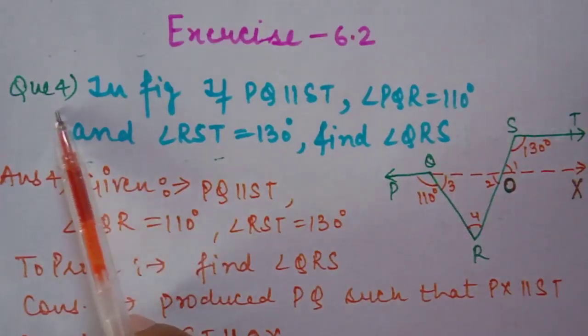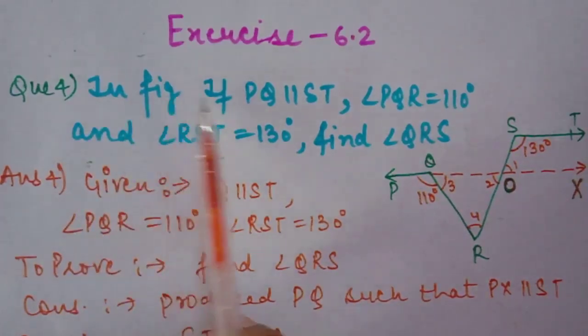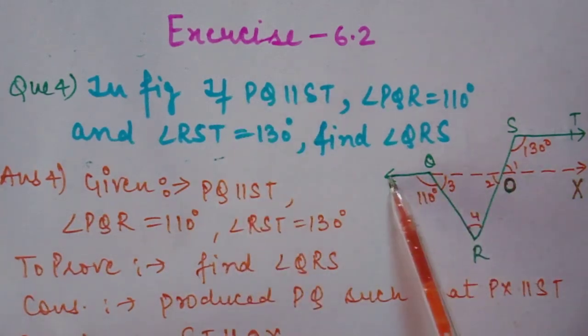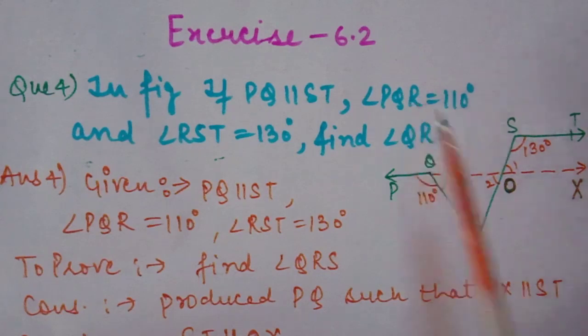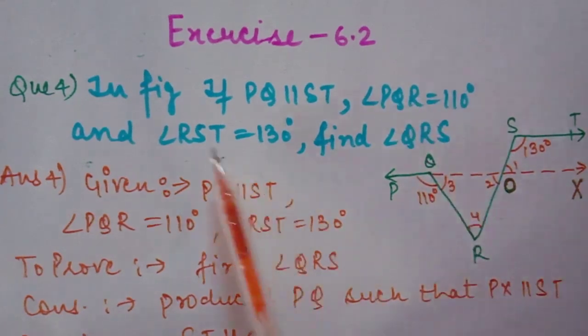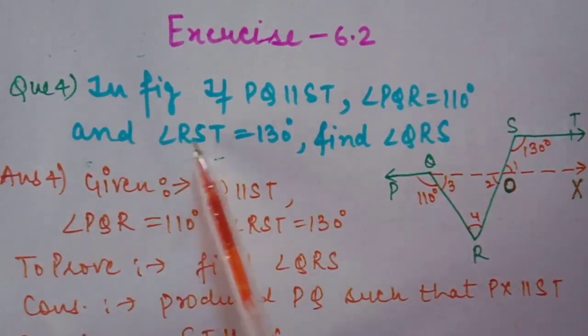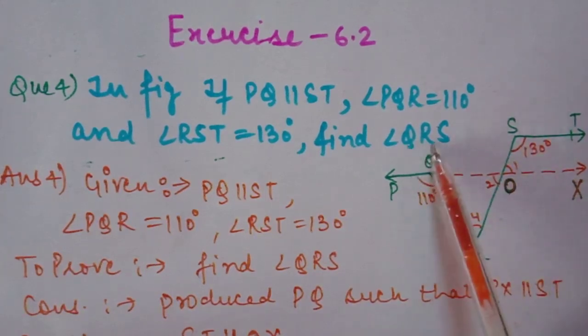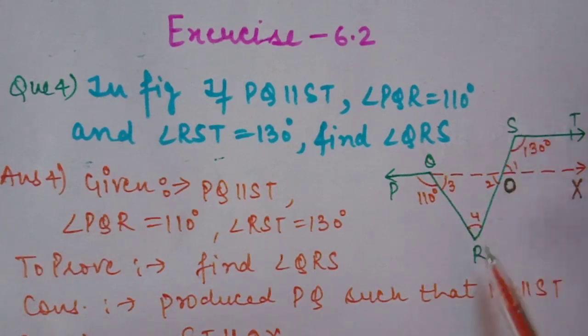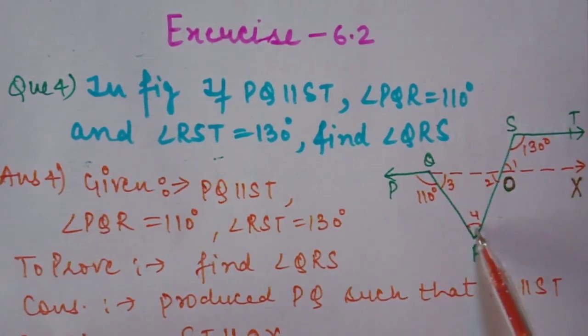The fourth question of your exercise is: in the given figure, PQ is parallel to ST, angle PQR is 110 degrees and angle RST is 130 degrees. Find angle QRS. So we will find angle 4.